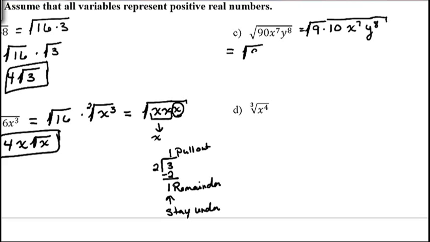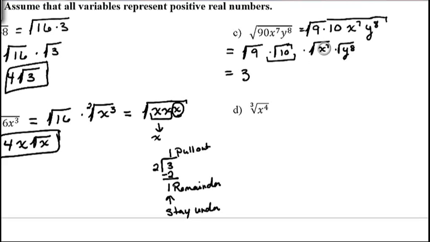And then you can separate them. Square root of 9 times the square root of 10 times the square root of x to the 7th times the square root of y to the 8th. And we can take the square root of 9, it's 3. We can't take the square root of 10, so that's going to end up staying underneath our square root.